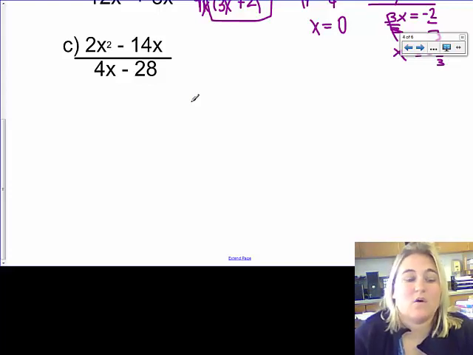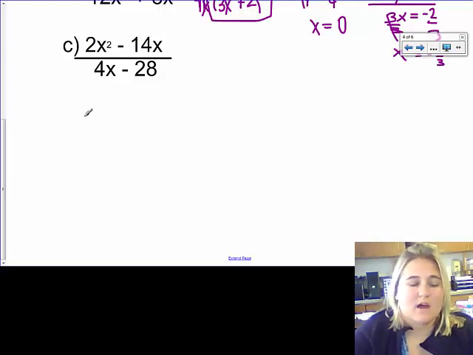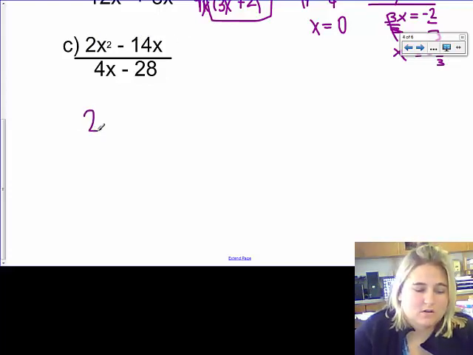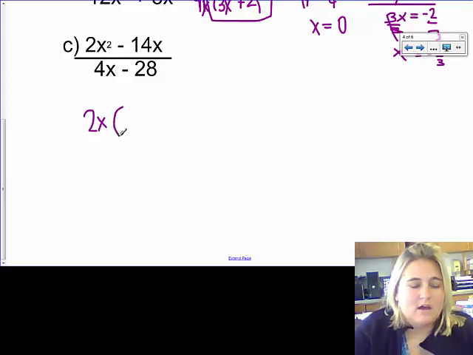So on C, I can factor a number out of both of those. I can factor a 2. And I have x squared and x, which means I can factor an x. And on the inside, 2x squared divided by 2x is going to leave me with x, minus 14x divided by 2x is going to leave me with 7.